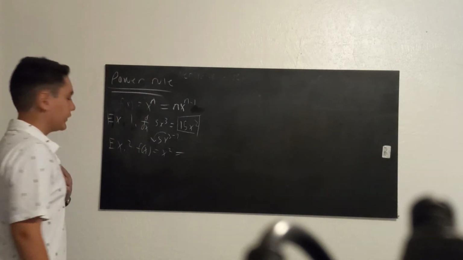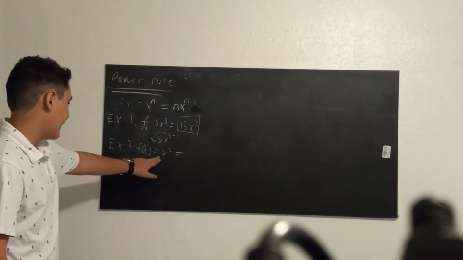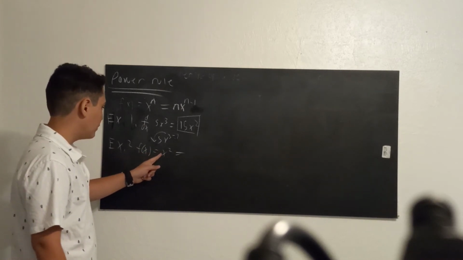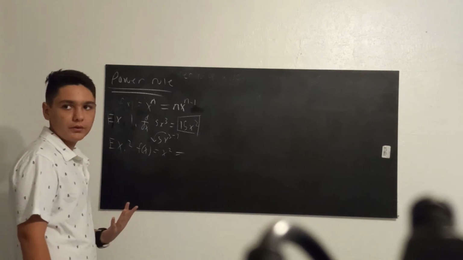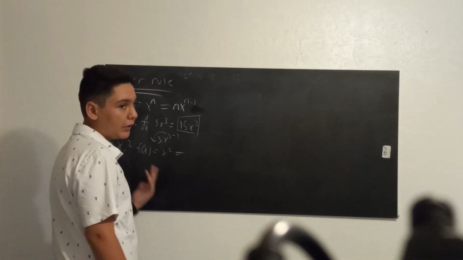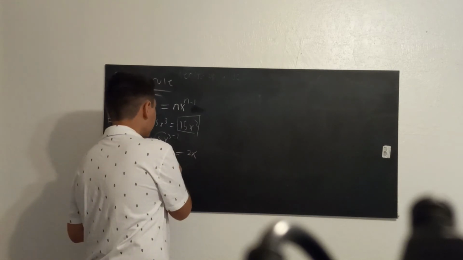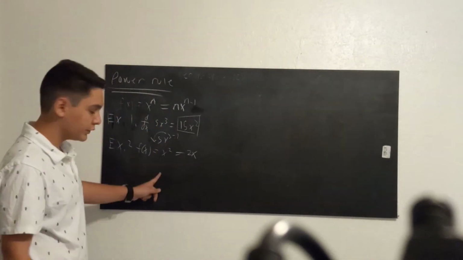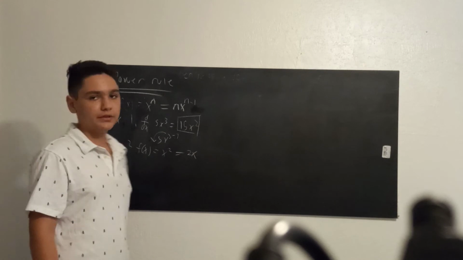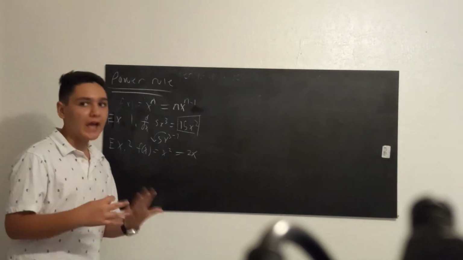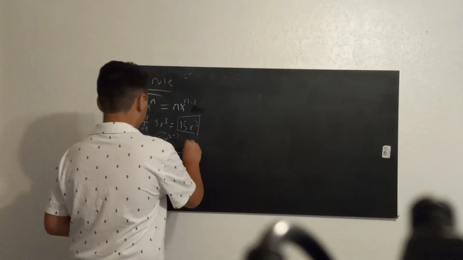Alright, we're going to do the same thing now, but here we have 2 times x, which has a magical, imaginary 1 in the front. So 2 times 1, that's just 2. We're going to subtract 1 from 2, which leaves us 2x to the first power. But let's not write the first power because it doesn't really do anything. So that's your final answer.